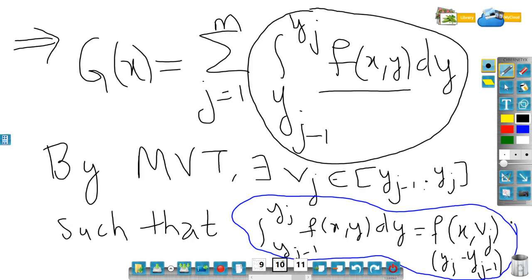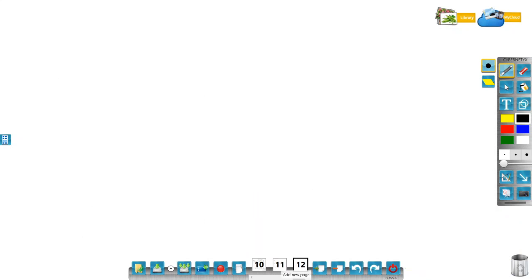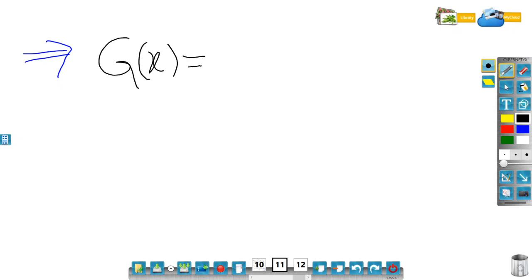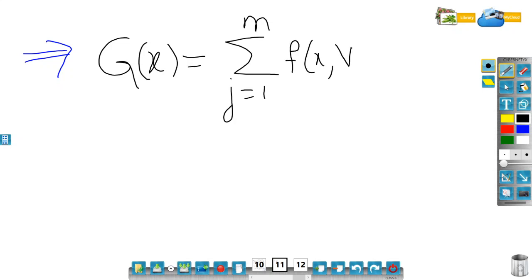Now this blue cloud which I have drawn, I will write it over here. So if I write that, how does my g of x look? My g of x will look as follows: the summation j goes from 1 to m of f at x comma vj into yj minus yj minus 1.